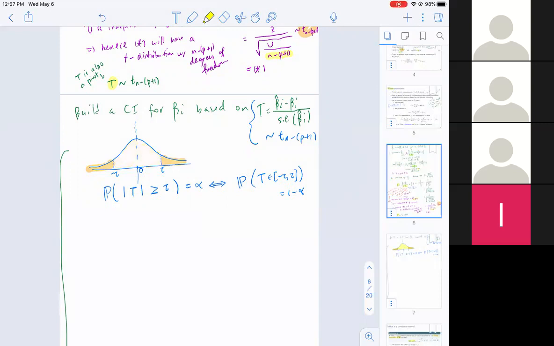So what I would do is build an interval which is centered around 0 here. And I'm going to find that tau, and you can compute it from t tables.